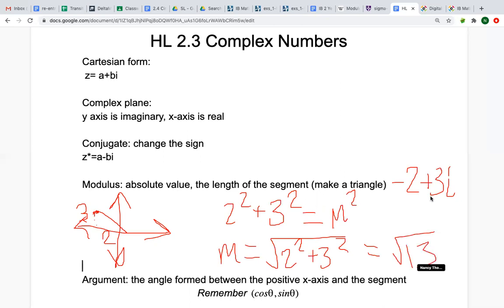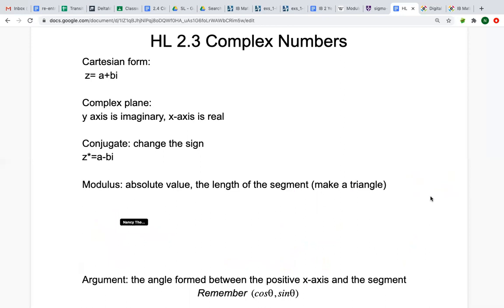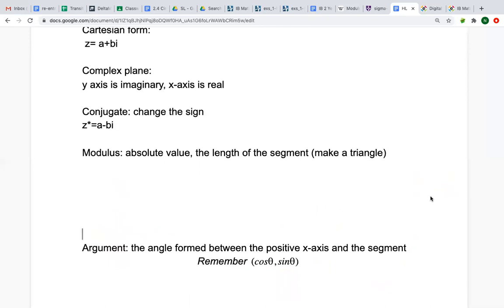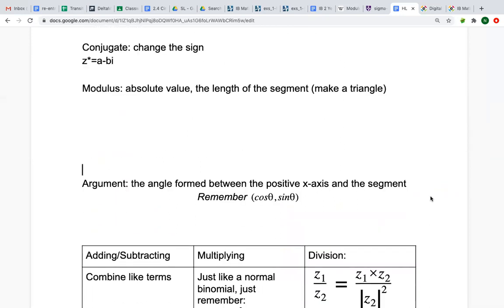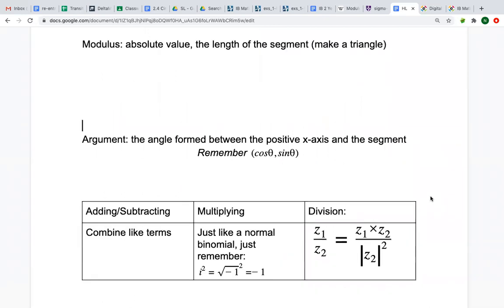Okay. Next is the argument. Now the argument is the angle formed between the positive x-axis and our segment. So that would be this angle right here, this big angle. The thing to remember is that when you're looking for that angle, your coordinates, your x and your y, are cosine theta, comma sine theta still.